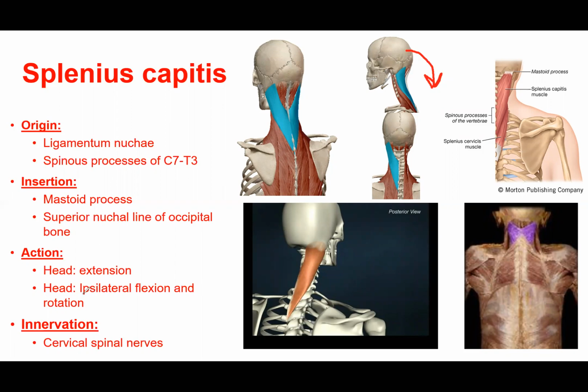Ipsilateral is another new word. It means same side. So flexion to the same side, specifically lateral flexion, which tilts our head this way. And then also rotation, because this muscle is going to shorten, it's going to rotate our head.